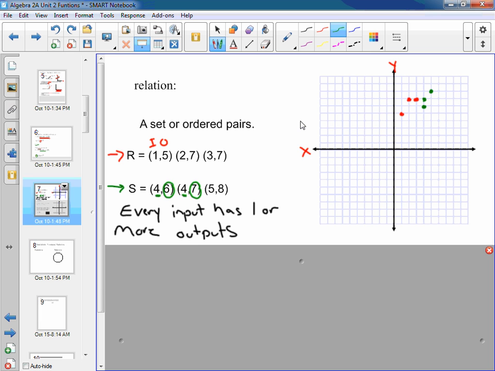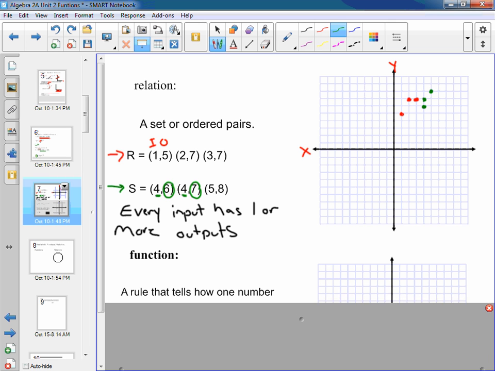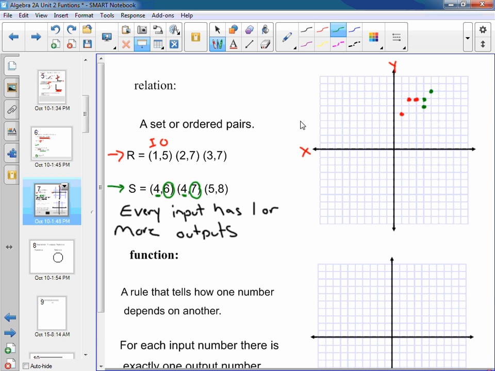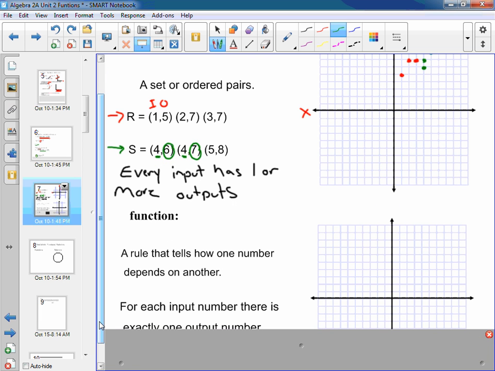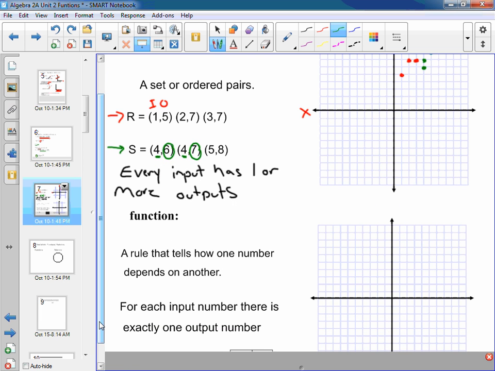One of these sets is a function and one of these sets isn't. If you look at the definition of a function, to be a function, and this is key, for every input, there is exactly one output. So if you look at these two sets, for the input of 4, there are 2 outputs, so this is not a function.